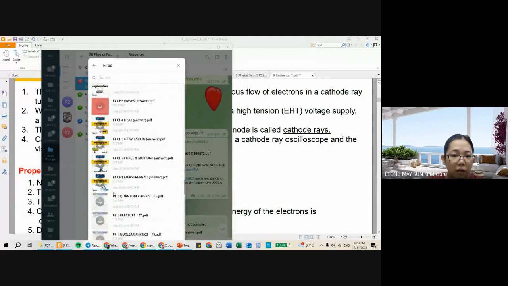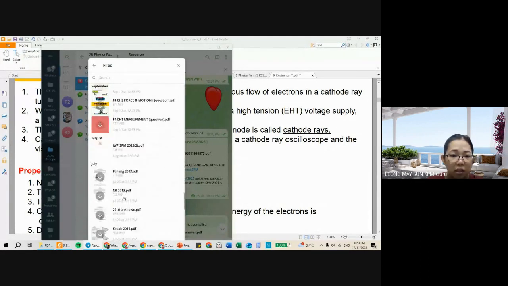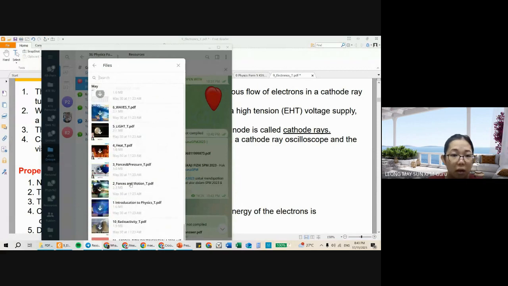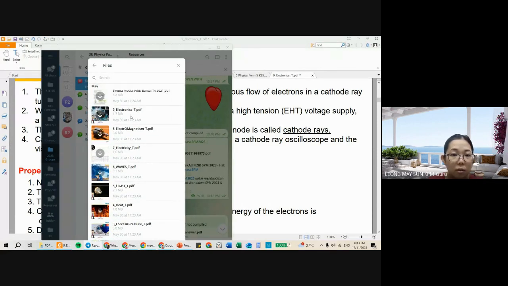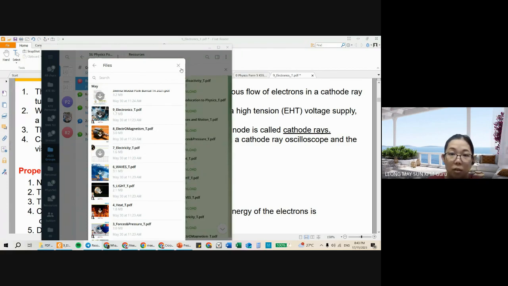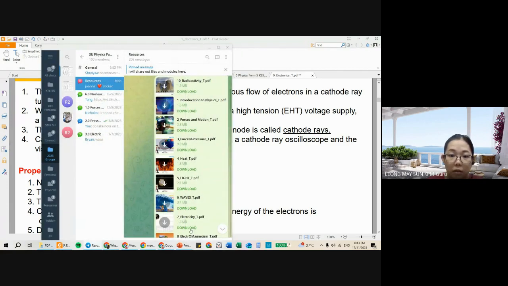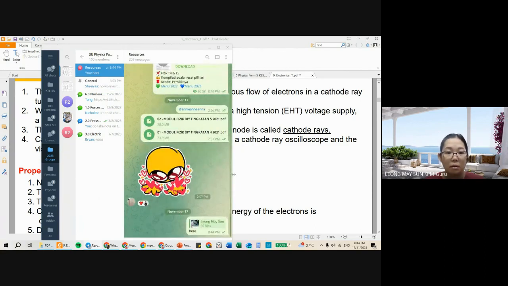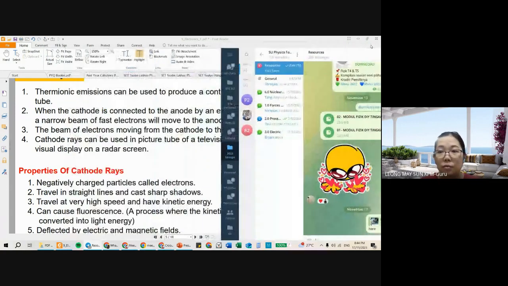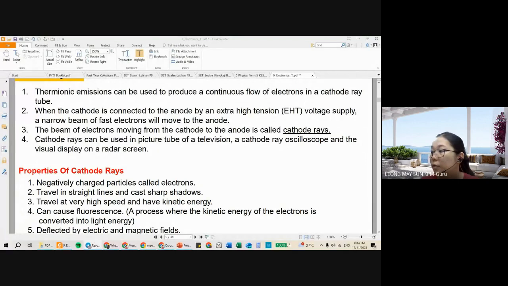This one is something that I gave you guys very early. Electronics. It's inside the resources group, so please make sure you have a look over here. I'm going to tag this for you guys. You can open up the notes to see it even clearer over there.